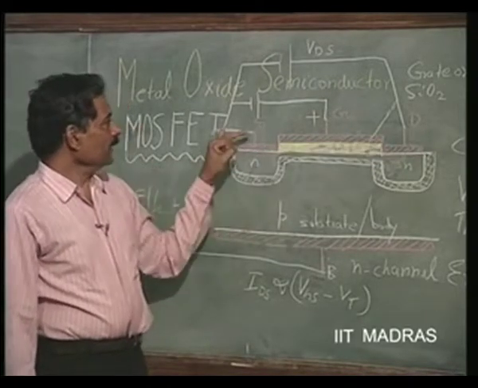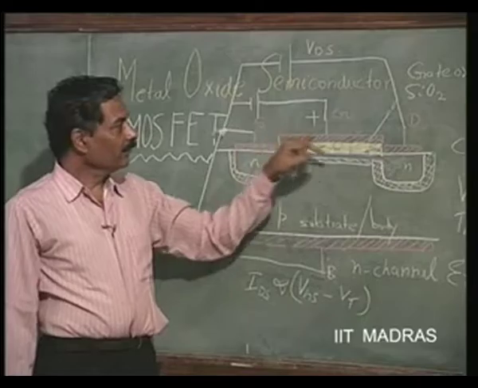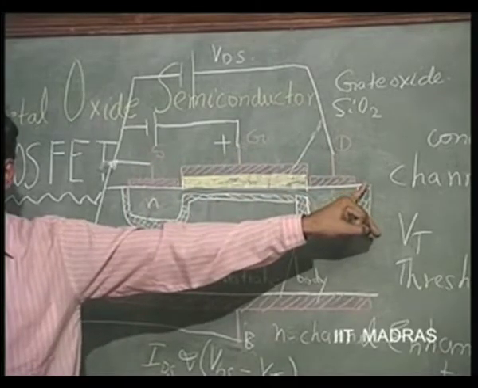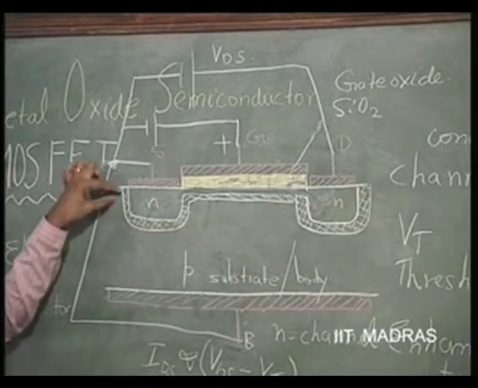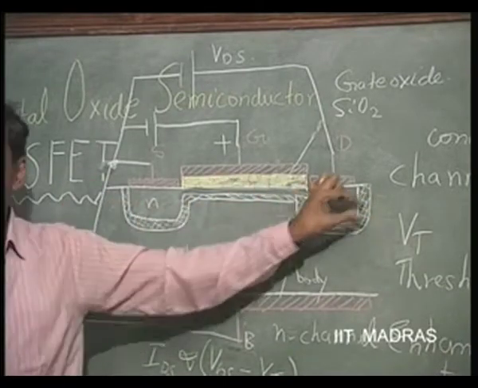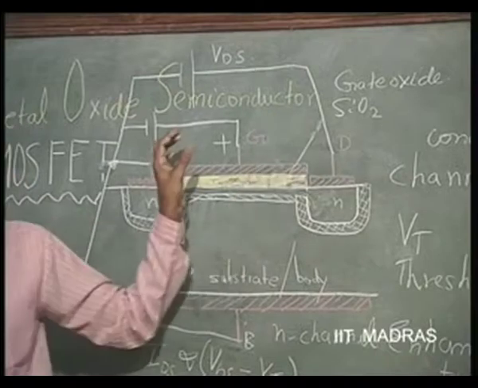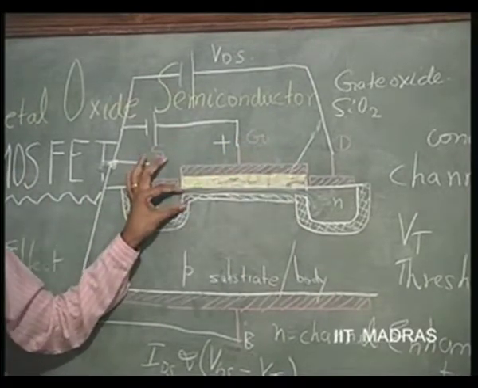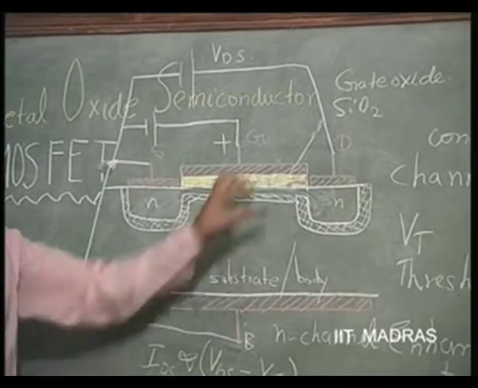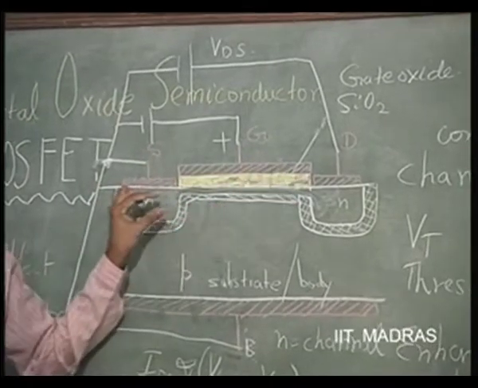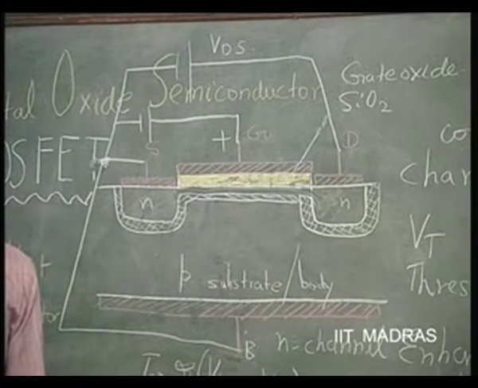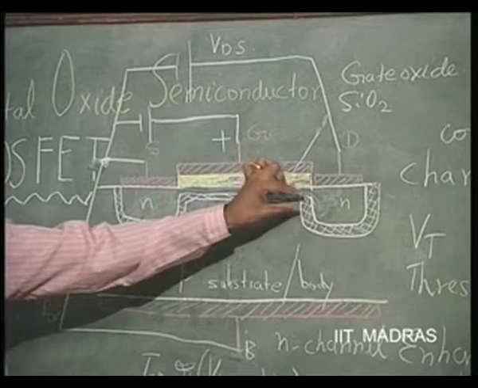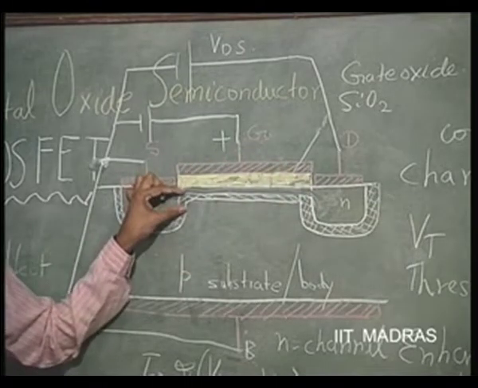When VDS was 0, VGS was same as VGD. Do you agree to that? That means the depletion layer width in all these places will be the same, because the voltages are the same. So, whatever happens here will happen at the source end also, right. Same amount of channel will be uncovered in both the ends. Now, my question is, if I apply a VDS, what happens at this end as compared to what happens here?